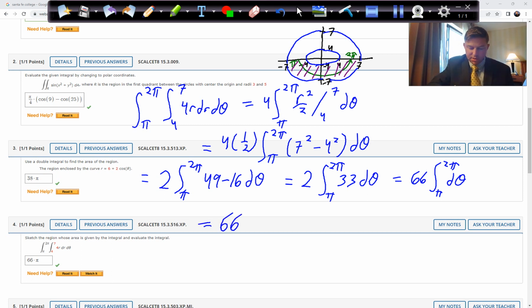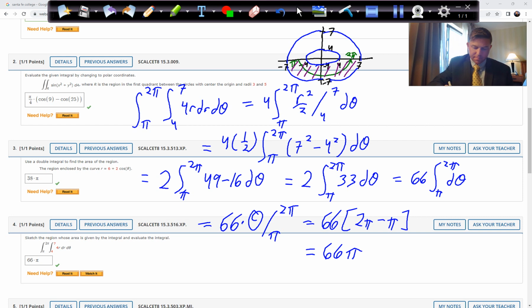Antiderivative of d theta is just theta from pi to 2 pi. So we get 66 times 2 pi minus pi. This is 66 times pi. Okay, so good to draw it. It's helpful to draw it to see what we are actually calculating, where the actual region is, and then we can better understand how they got the limits of integration.